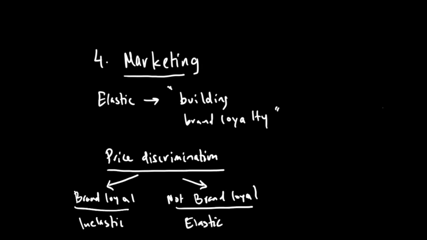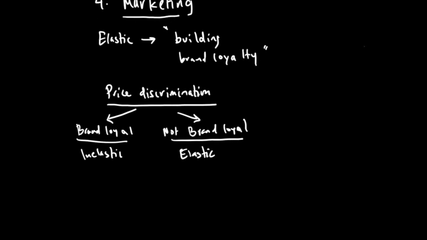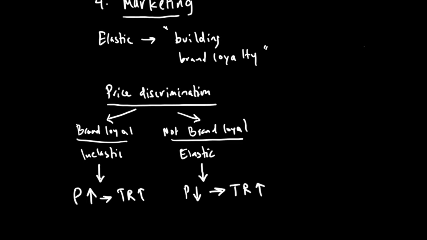So what I could do is, for the brand loyal consumers, because they have an inelastic demand, I can increase the price and therefore increase the total revenue. Similarly, for the non-brand loyal who have elastic demand, I can reduce the price and that can make my total revenue go up. So I could have a different pricing policy in the market where there is higher brand loyalty versus lower brand loyalty.